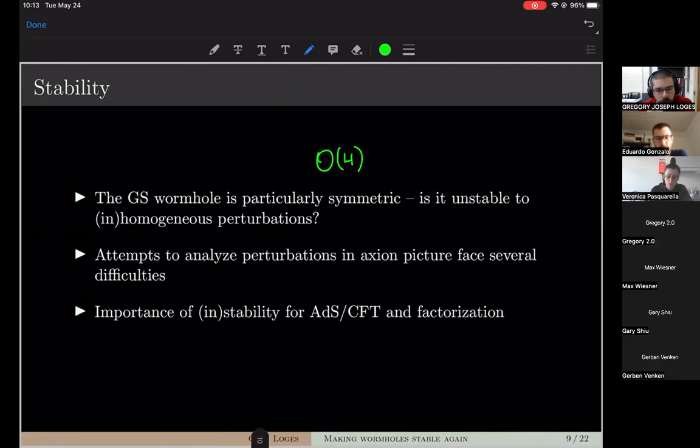There are some difficulties in doing this with the axion picture, so I'll present the results for the three-form side of things. And just to tie this to everything else that people are thinking about, this is an important question to answer when it comes to AdS/CFT and factorization. These connected geometries are somewhat puzzling from the standpoint of the boundary CFT, where partition functions will factorize.